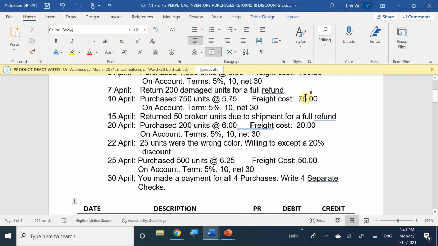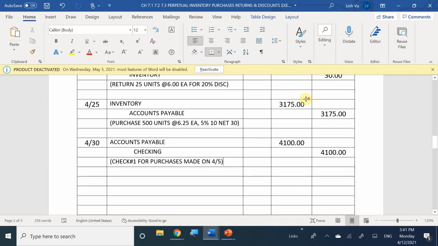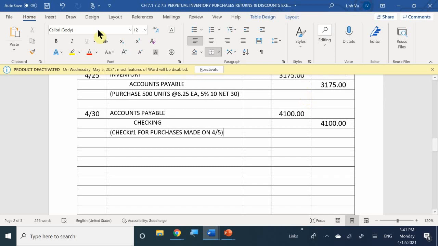So I am going to make another check for the second purchases for the total of the 4,100. How do I pay off what I owe? Accounts payable.